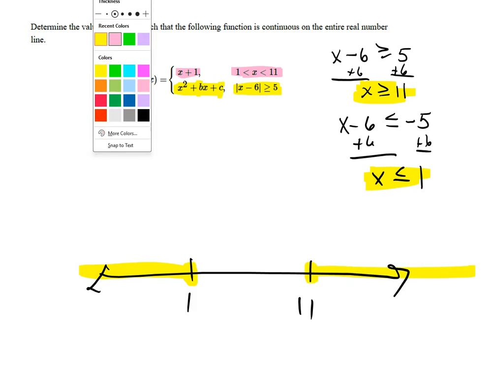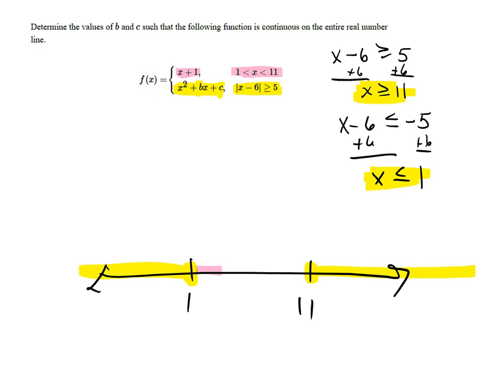But if you're using the linear function, you can only use it for x's in between here. Now this is just a number line graph representing all the numbers that x can be. So any number x that's between 1 and 11, you'd have to use the linear function. But if you want any x's less than or equal to 1 or greater than or equal to 11, you got to go with that.